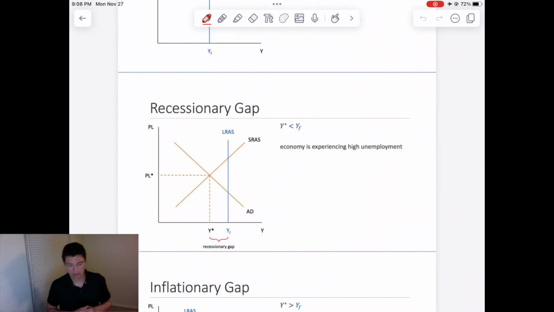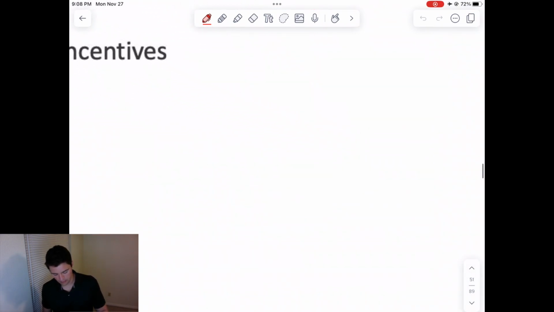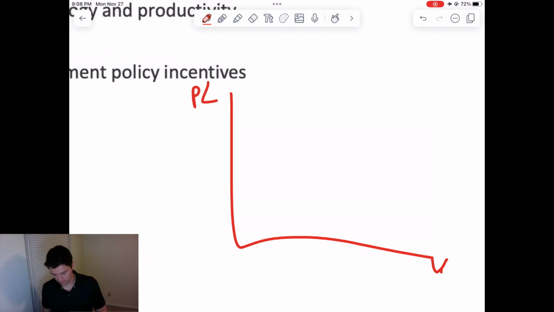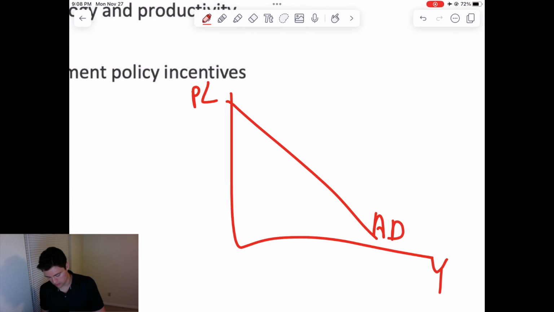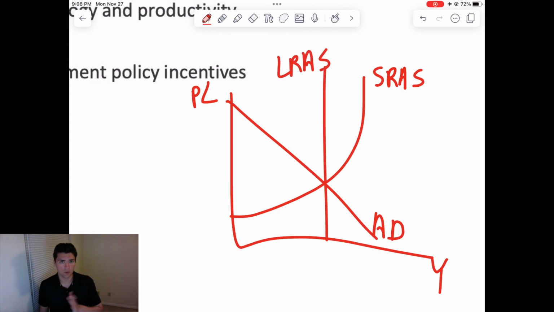Next thing we're going to talk about is the different gaps we have, right? So we already talked about price level, real output, aggregate demand, the short run aggregate supply curve, and then the long run aggregate supply curve. Now, depending on where the long run is, that tells you where you are in your economy.